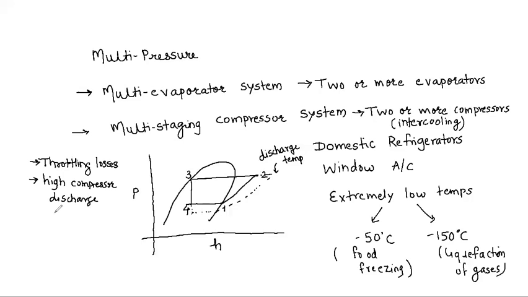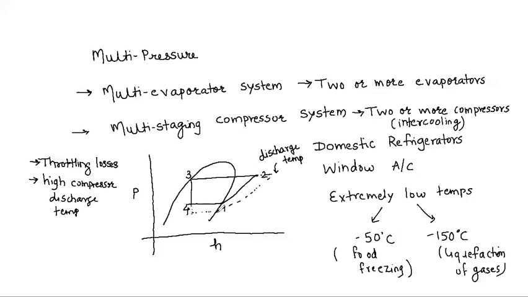The third could be, for example, if you are going for a single stage system, there would be losses in this section, right? And there would be losses even when you are talking about a lower pressure.